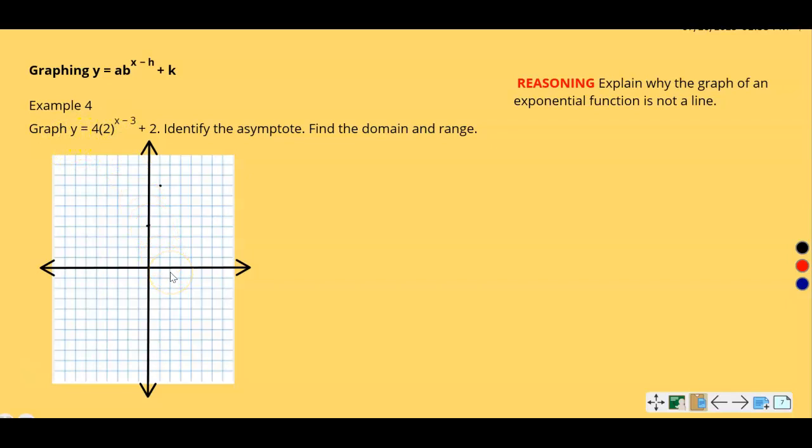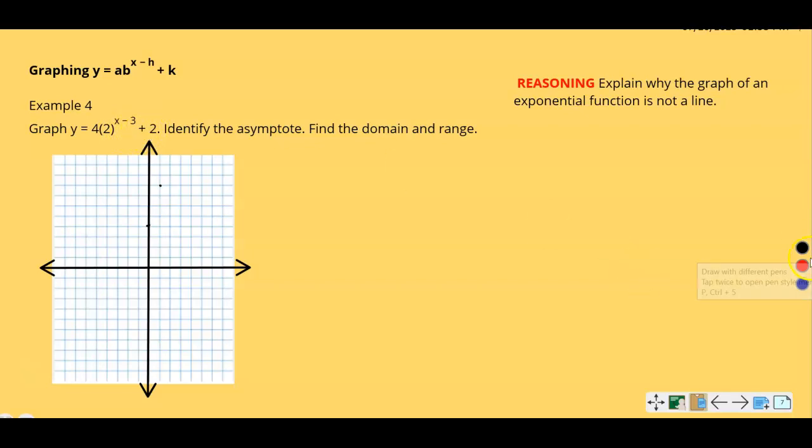Now, if I want to graph this transformation, I can do that by just using the horizontal and vertical movements. So I know that I can translate the graph 3 units to the right. So this is going to move it 3 units to the right, and this is going to move it 2 units up.